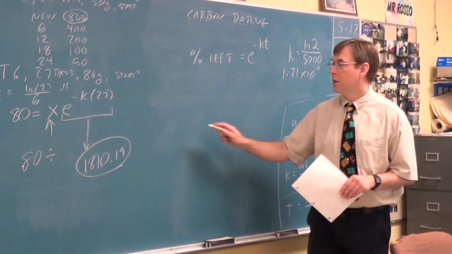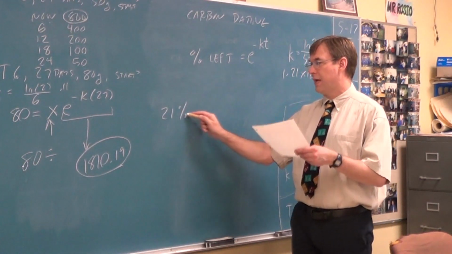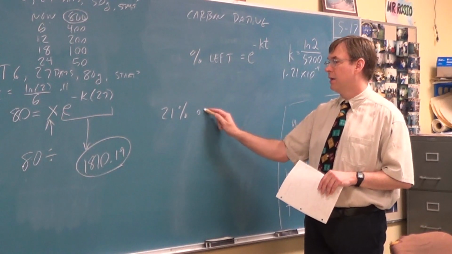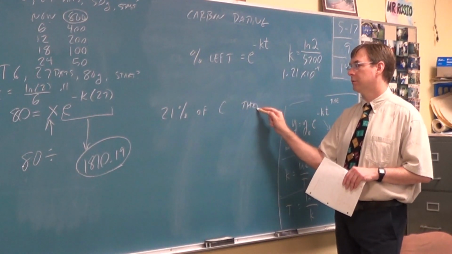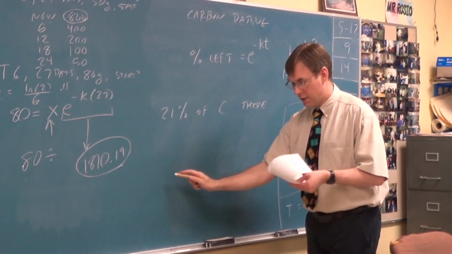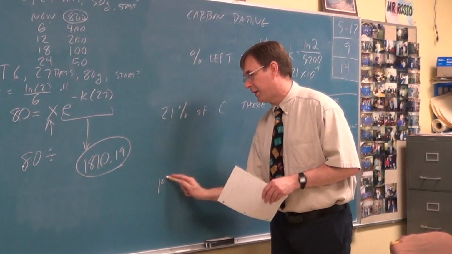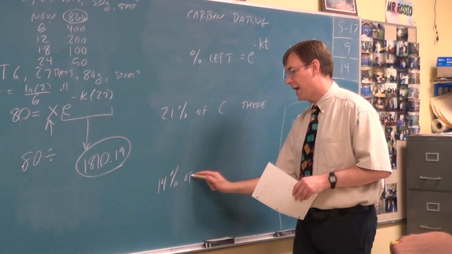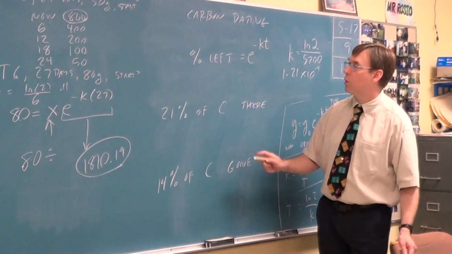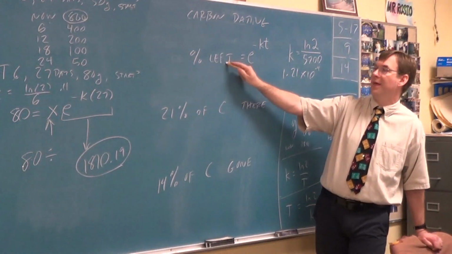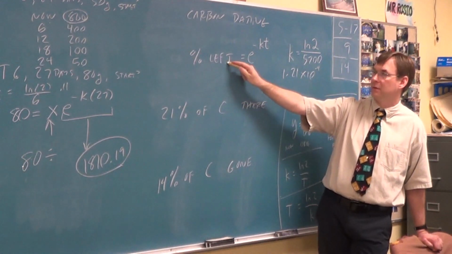So I could tell you one of two things. I could say something like 21% of the carbon is there, or I could do another question where I say 14% of the carbon is gone. The equation works based on the percentage of carbon that is left.